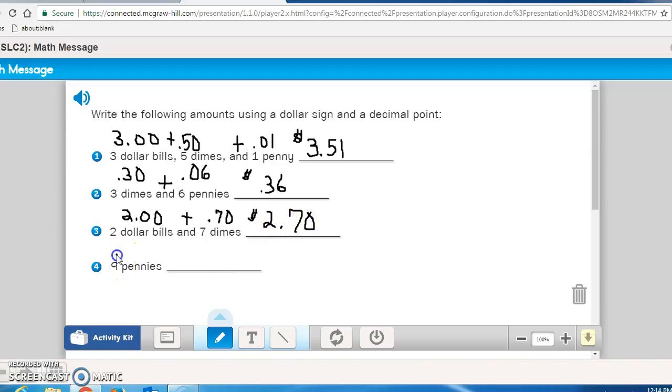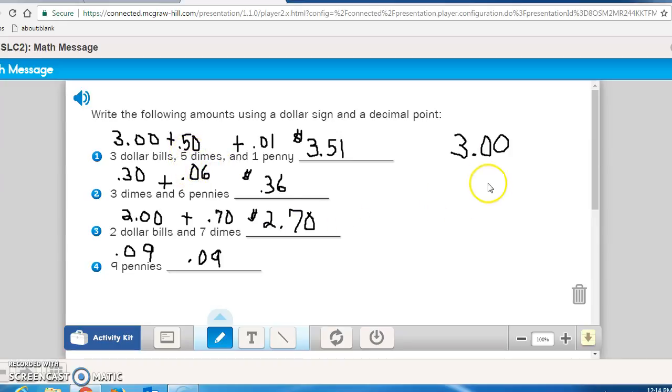And 9 pennies. Well, remember the 9 goes in the hundredths spot. So how would we write that again? .09. It's important when working with decimals that you line them up accurately. If I was going to have to write this out to add these up, I would make sure I put $3. This is the ones place. This is the tenths place. This is the hundredths place.